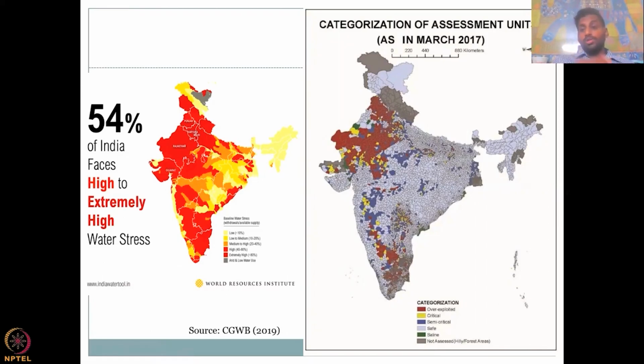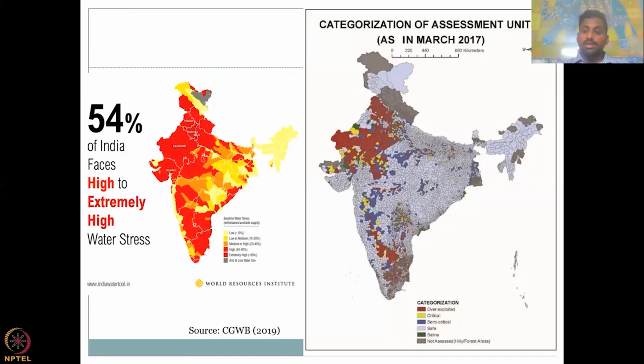Thereby, both these different studies and different data are in agreement that the surface and groundwater resources are depleting. As per WRI, 54% of India is going to be under high to extremely high water stress, whereas the Groundwater Board has estimated that most of these regions will also experience a groundwater depletion scenario. If the stress is high and you don't have groundwater, it is going to be a very scary scenario.